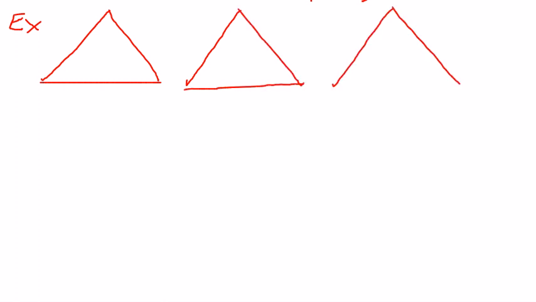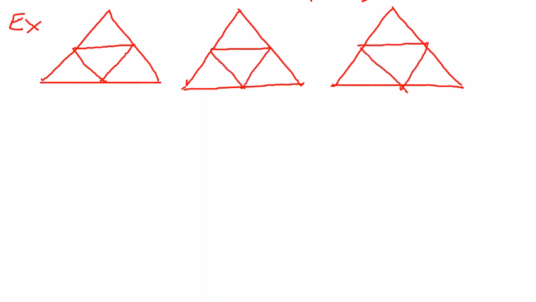Let's say these are equilateral triangles. Equilateral triangles are triangles which have all three sides equal. I'm going to draw another triangle inside these triangles like that, and I'm going to name the different parts in these triangles as 1, 2, 3, and 4 for the first triangle, 1, 2, 3, and 4 for the second triangle, 1, 2, 3, and 4 for the third triangle.